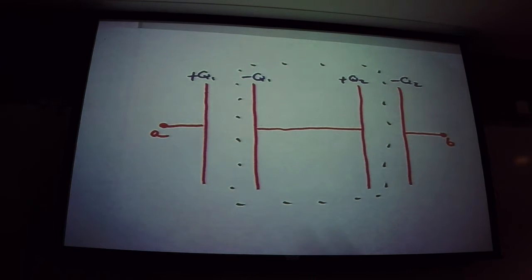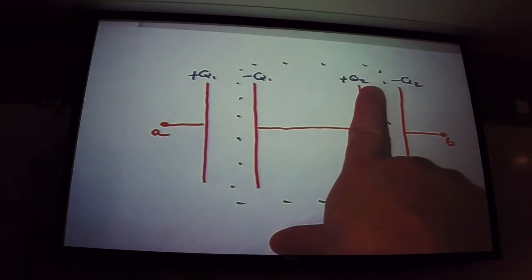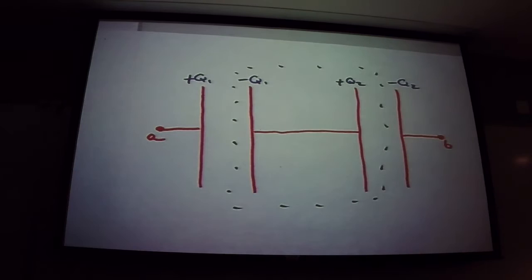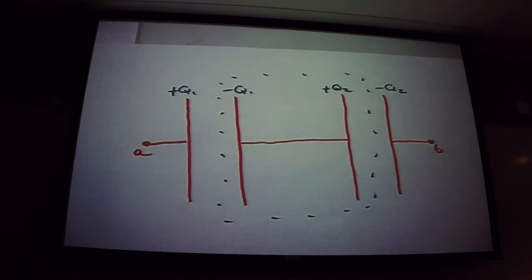That's okay. We have a negative charge here and a plus charge here, and the H will still have a net 0 charge as long as Q1 equals Q2. So that's what happens in a series. Capacitors in a series, the charge is the same.